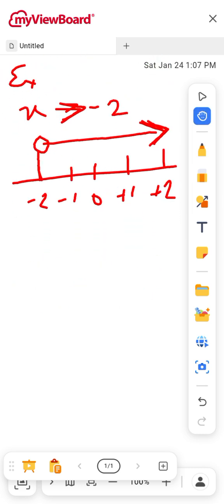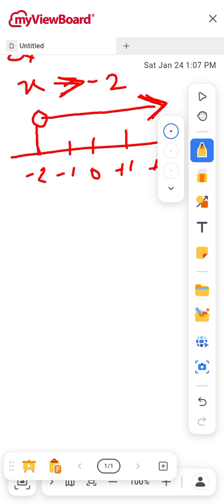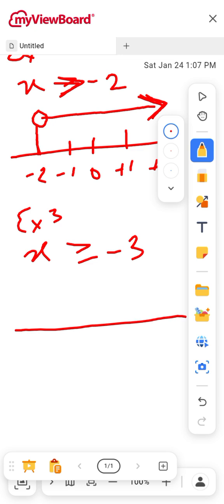Okay, so let us see one more. Example 4. If I'm asked to represent s greater than or equal to -3, let us see that. I'll draw my number line. 0, -1, -2, -3, +1, +2.